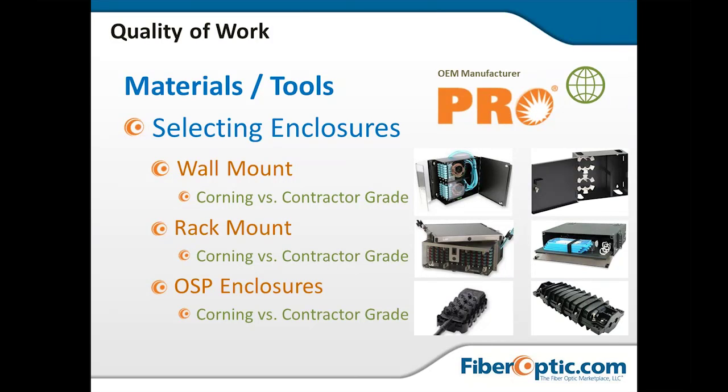This Corning device has a special connector. It's actually an SC-styled connector inside of what looks like a military or hardened outside, kind of waterproof connection point. And you basically would screw on to that enclosure at that point.